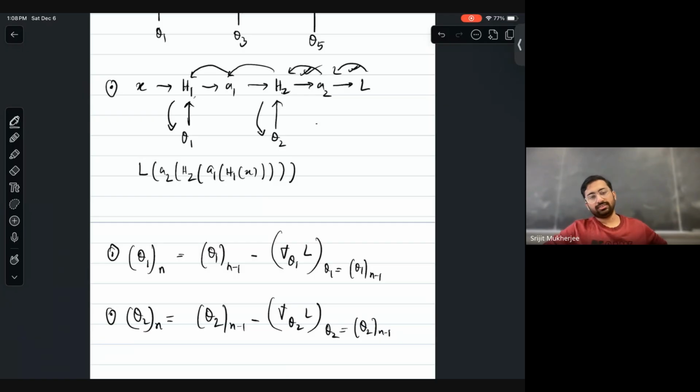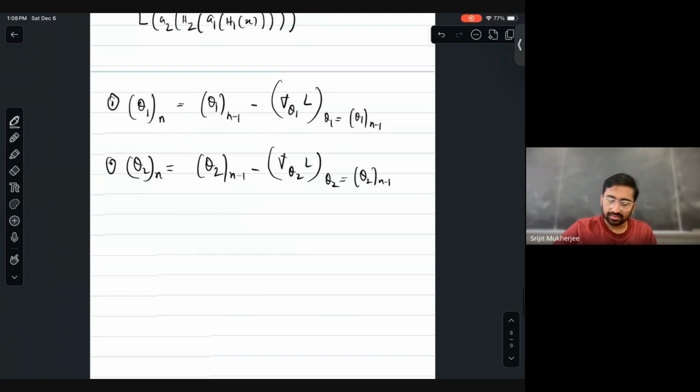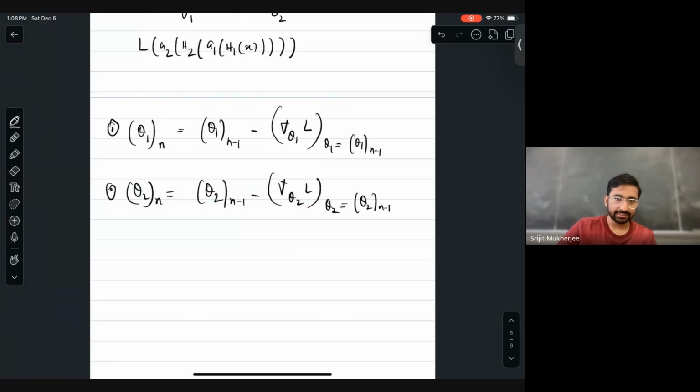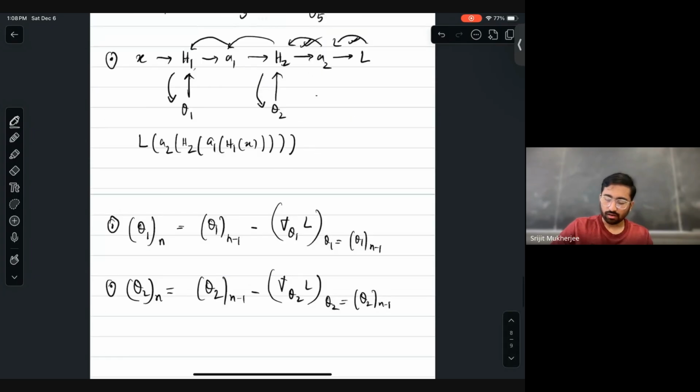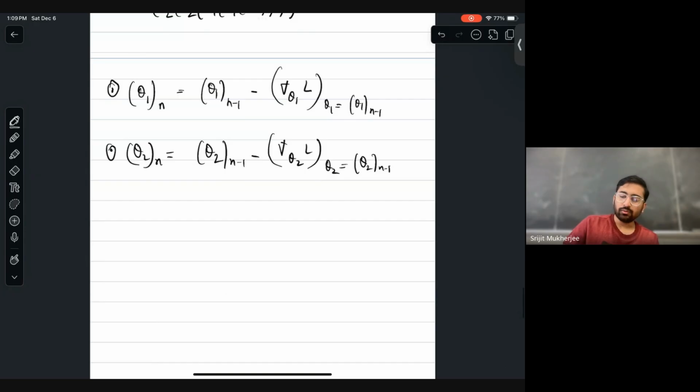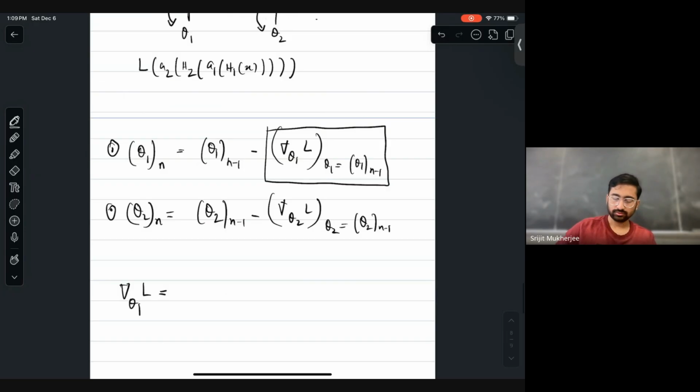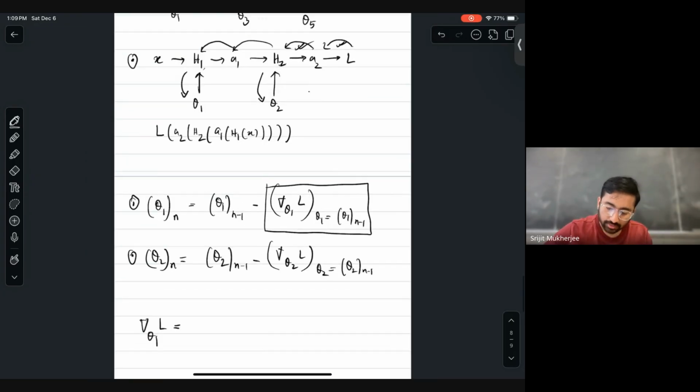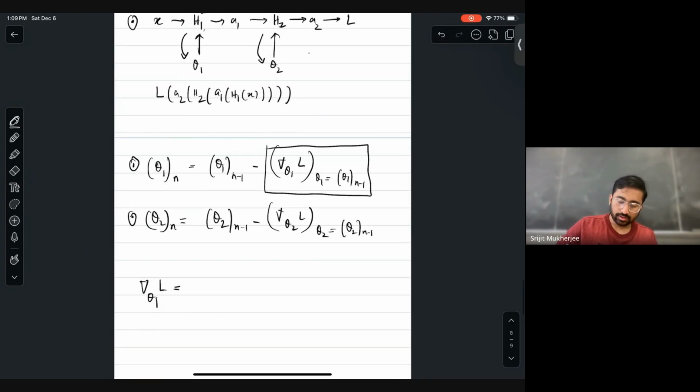Let's understand what's happening here a bit mathematically, just abstractly. Let's take what will be for theta 1, this one, del theta 1 of loss. If you remember, it will be L dash, the derivative of that.